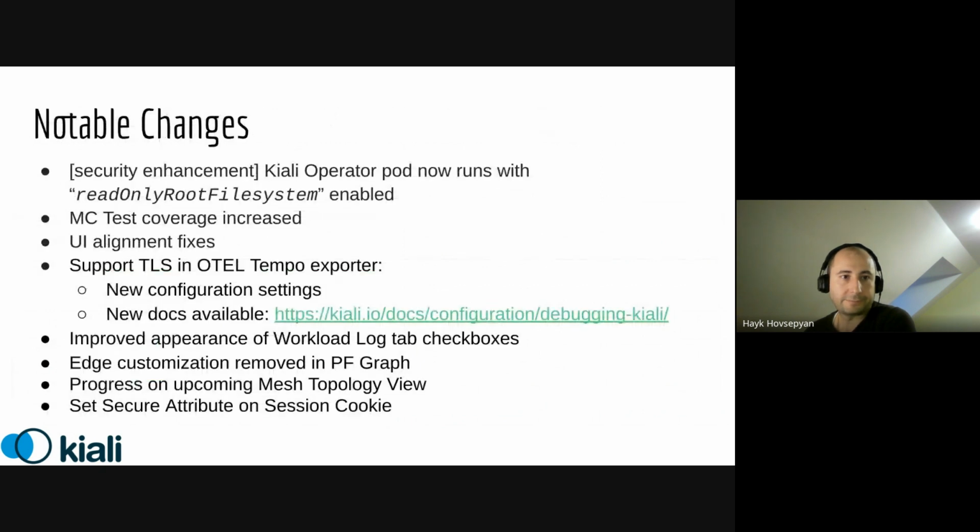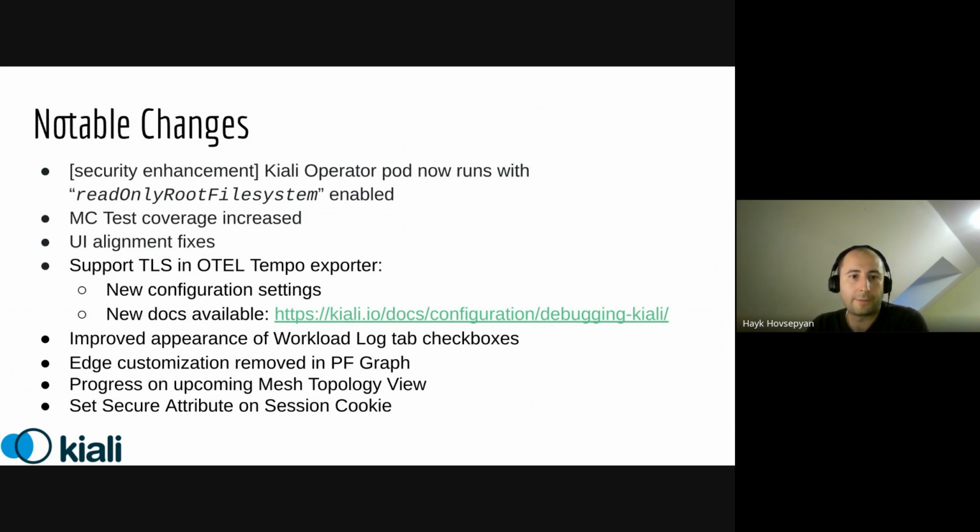Then we also have some notable changes in this sprint. We have one security enhancement: the Kiali operator pod now runs with a read-only root file system enabled. For multi-cluster, we have increased the test coverage. We have several UI alignment fixes.